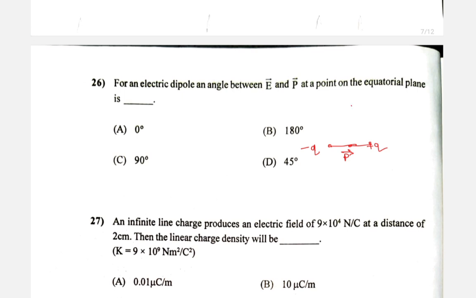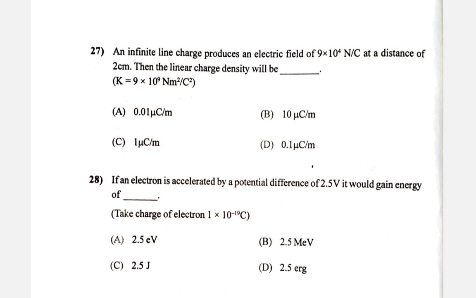At the equatorial plane, the electric field for the positive charge will be in this direction because the test charge is positive, and for the negative charge it is this. So the net electric field will be in this direction. Here the electric field and the dipole moment are in opposite directions to each other, which means 180 degrees.